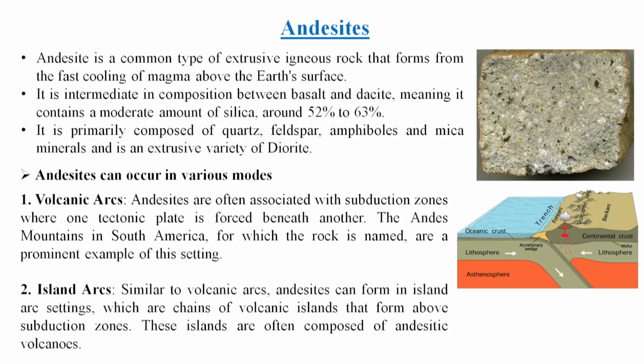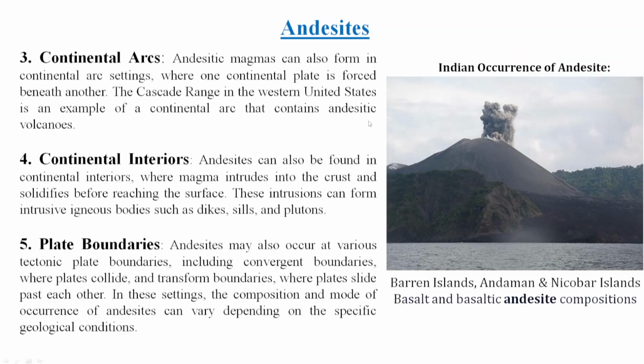You can also get andesite similar to volcanic arc in case of island arc settings. You can also get, for example, continental arc settings, where andesitic magmas can also form, for example the Cascade Range in the western United States.